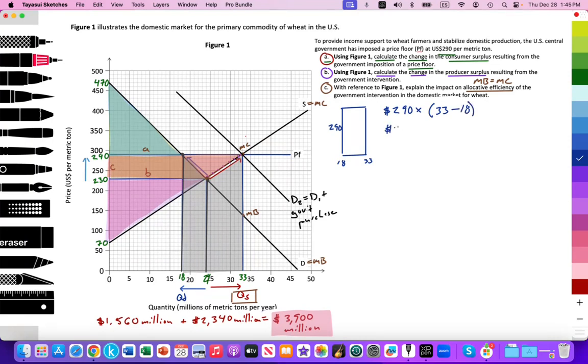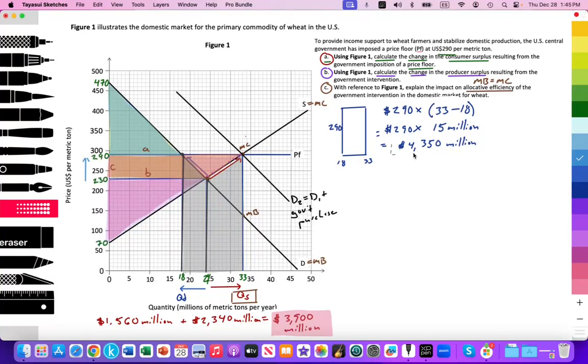So that works out to 290 times 15 million. That's going to work out to 4,350 million. So there's the surface area of that rectangle. I'm going to highlight that because I need that for later.